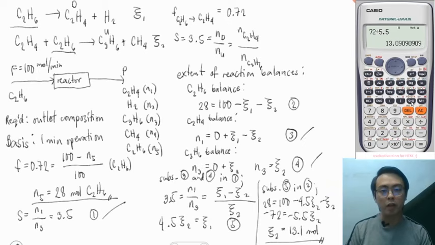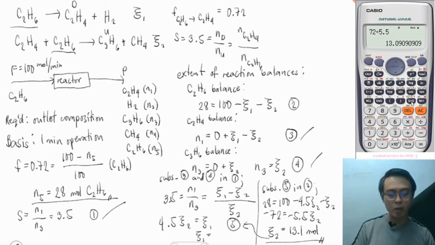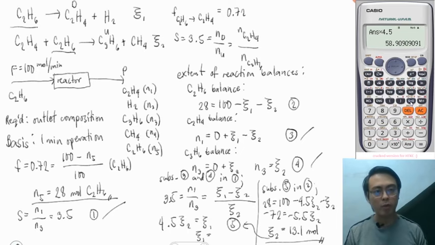Now that we have the value of extent 2, we can substitute this to equation number 5 to solve for extent 1. So extent 1 is 4.5 times extent 2. Value is 58.91.